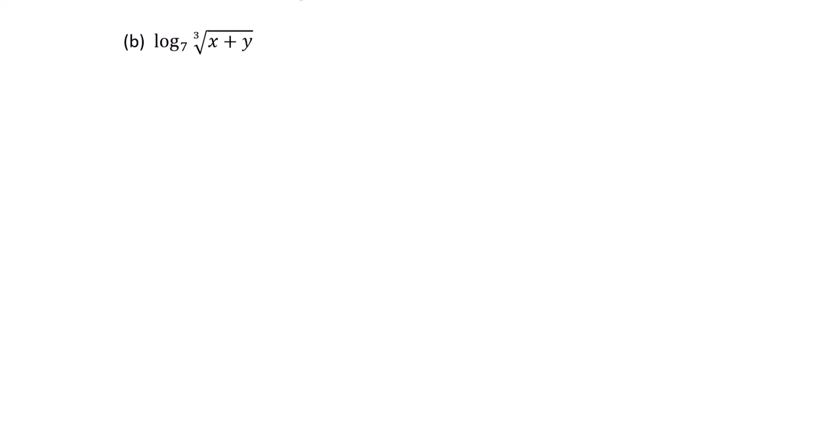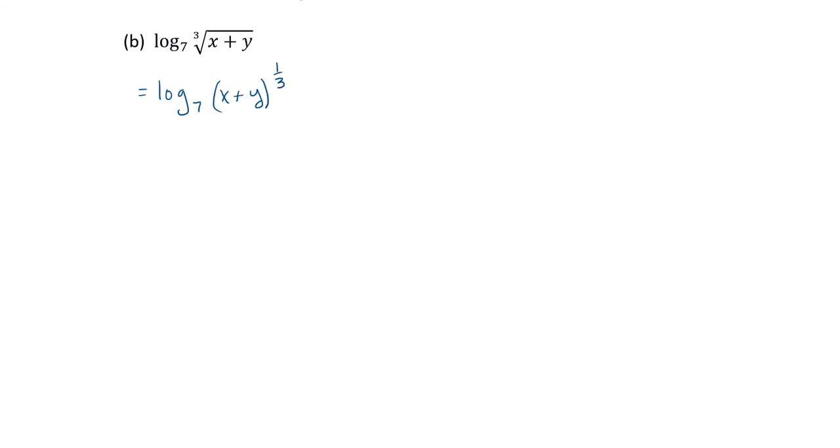For this problem, log base 7 of the cube root of x plus y, we need to first start by changing this cube root to a 1/3 power. So this is equal to log base 7 of (x plus y) to the 1/3.